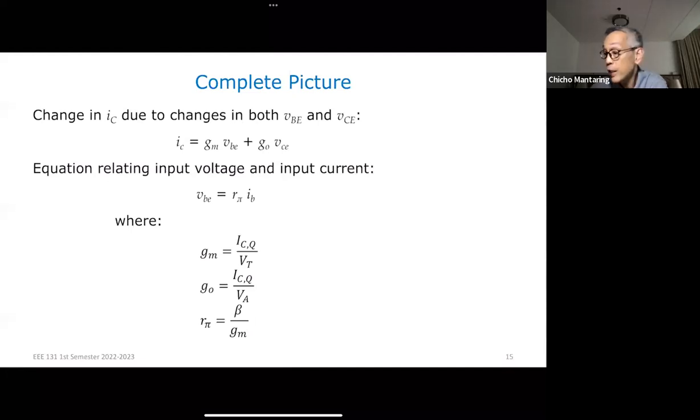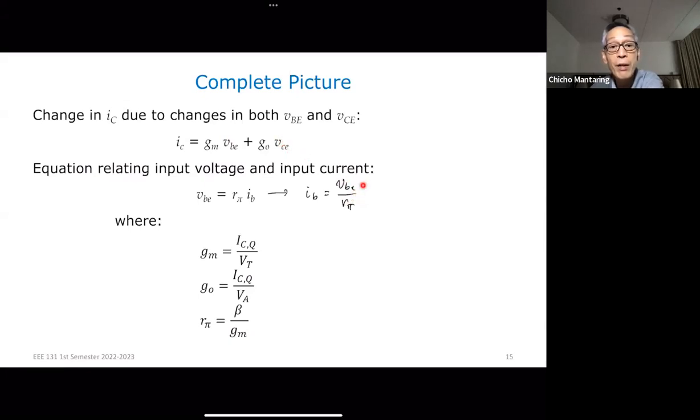The input voltage is just your input current multiplied by R pi. Okay. So these are the two equations now that I should have written this another way, no? I should have written this as I sub B is equal to VBE over R pi. Because by doing so, then nakita nyo, these are the dependent variables, I sub C and I sub B. And then itong VBE, VCE are your independent variables.